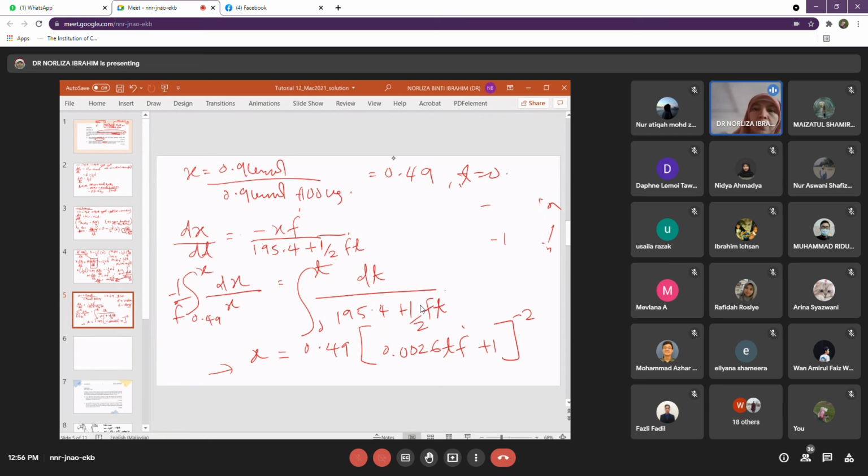For my case, I choose 100, 200, 300, so I should get different values. There is some error with the value here, but I noticed that the fraction keeps reducing with respect to time.